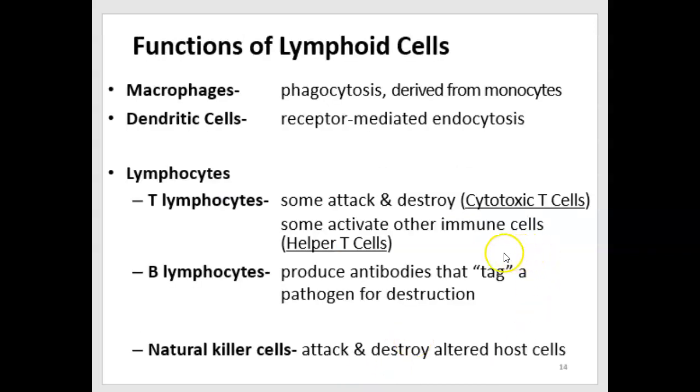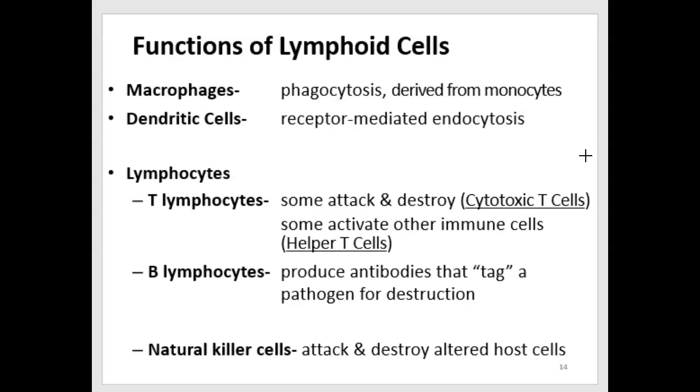The different types of cells that we will talk about are macrophages, dendritic cells, and three different types of lymphocytes. So first, the macrophages. These are cells that were derived originally from monocytes formed in the bone marrow. When monocytes leave the bloodstream and enter either lymphatic organs like lymph nodes or systemic body tissues to fight infection, they turn into macrophages.